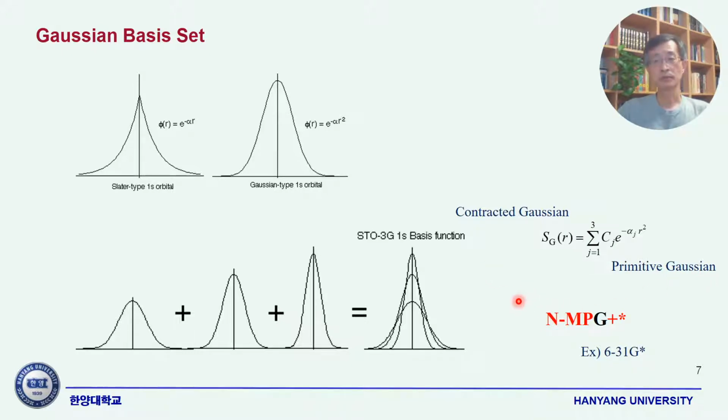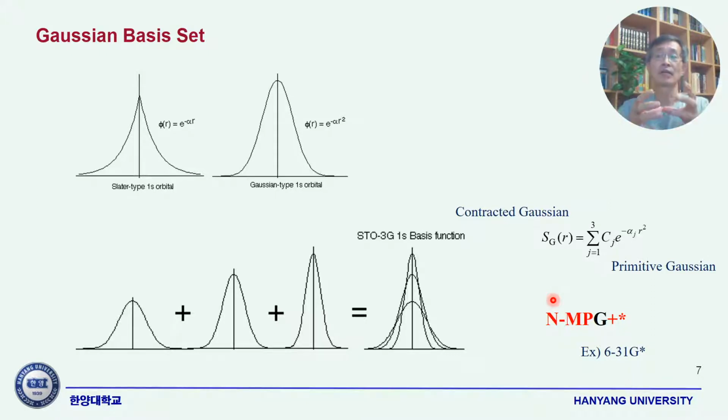And for this type of basis set, we use a notation something like n-mp g, where g stands for Gaussian, plus or star here. For example, the 6-31G star basis set, which is used much, is telling you that there are valence electrons and core electrons.